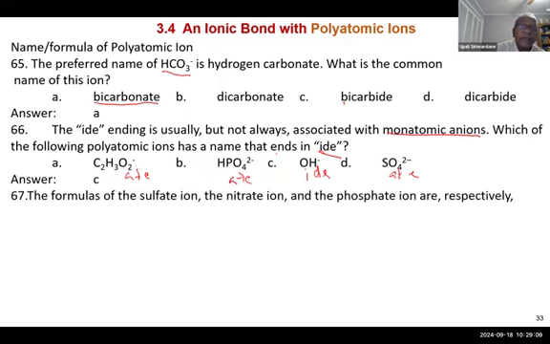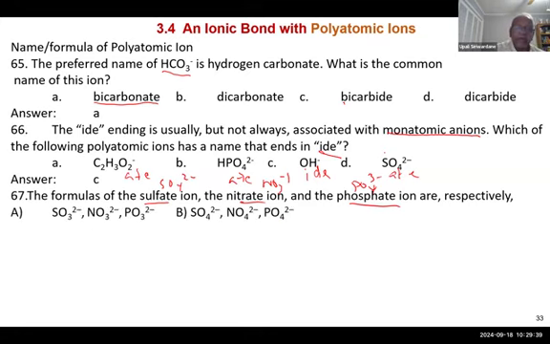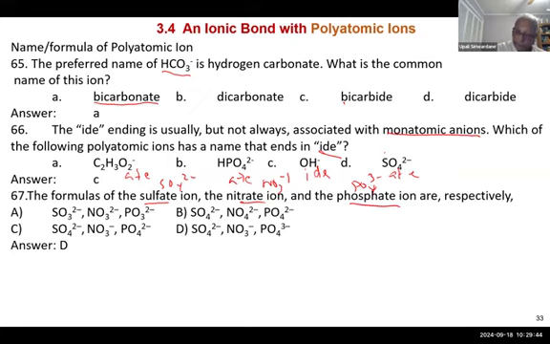The formula of sulfate, you have to know this to check. Sulfate is SO4 2 minus. Nitrate is NO3 minus. Phosphate is PO4 3 minus. So these are the lists that you have to check. Sulfate is here. Nitrate is here.